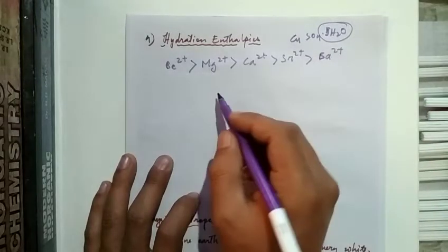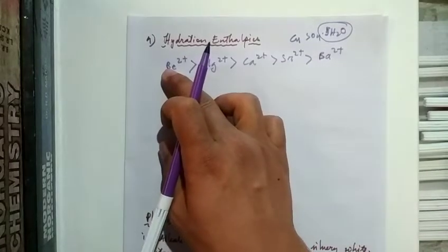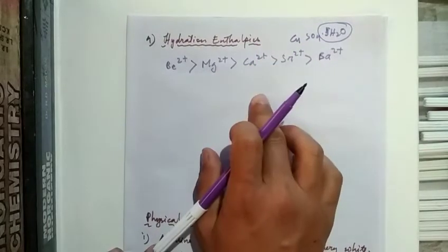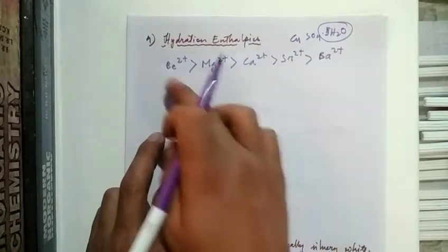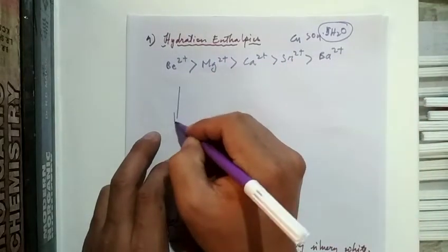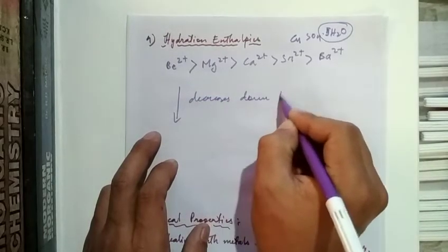So the smaller the ion, the higher its hydration enthalpy, and we can say from this order that hydration enthalpy decreases down the group.